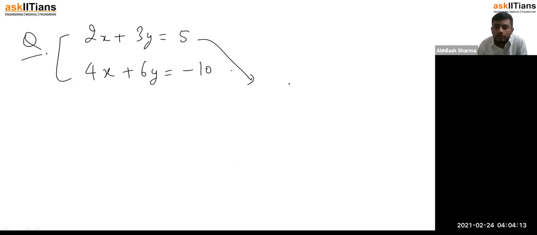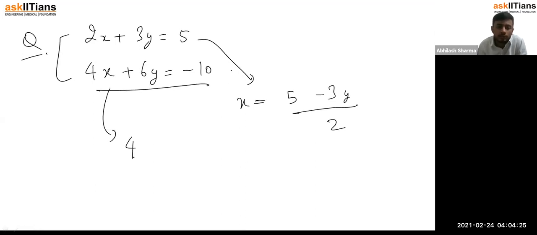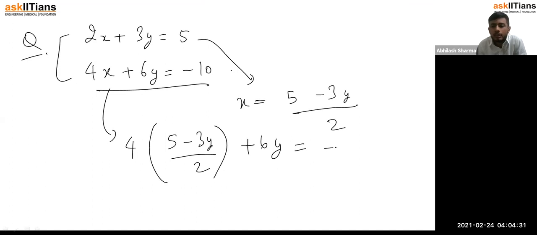In this particular example, we observe that x comes out to be (5 minus 3y) upon 2, correct, from this equation. If you substitute this value of x here in this equation, you are getting 4 into (5 minus 3y) upon 2 plus 6y is equal to minus 10.